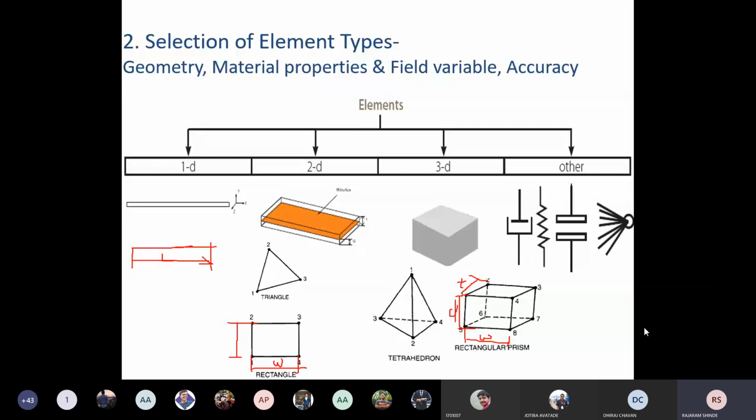Now, Ketan Sanap, which element will you prefer for the chassis of the Baja vehicle? Is he present or not? I think Ketan Sanap is absent today. Next, Kunal Patil.